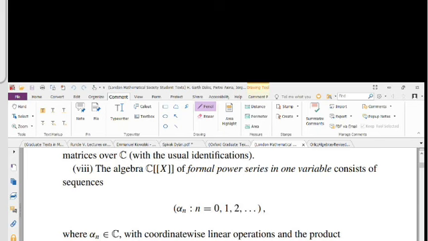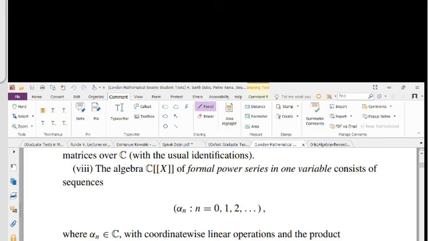And we can consider this example: the algebra C[[X]] of formal power series in one variable consists of sequences such as (alpha n), where the alpha n are complex numbers, with coordinate-wise linear operations and the product given by this equality.